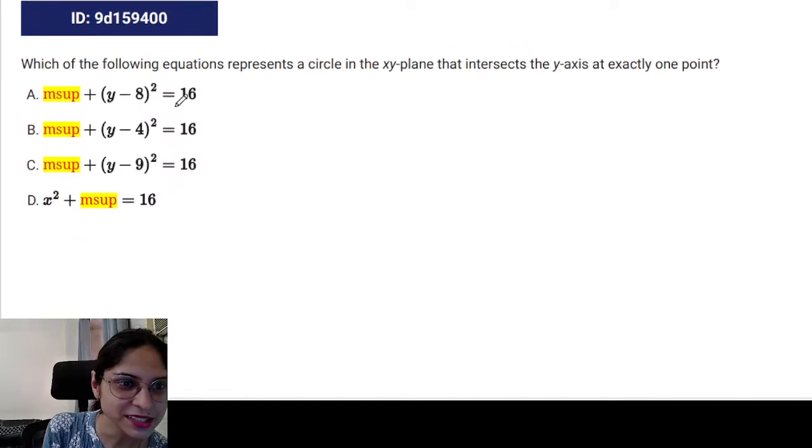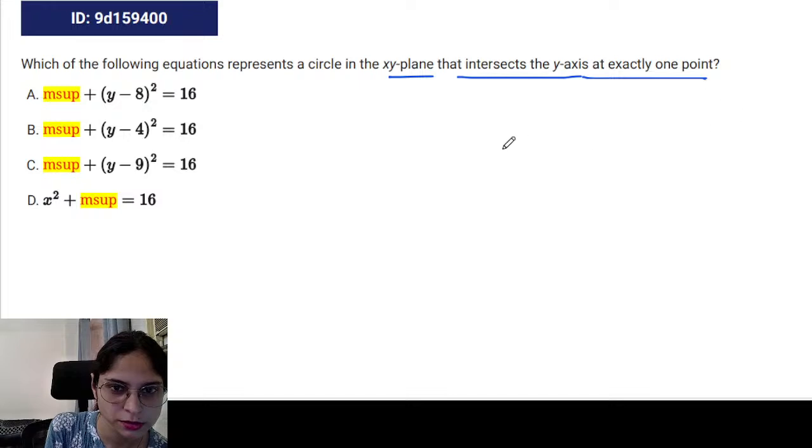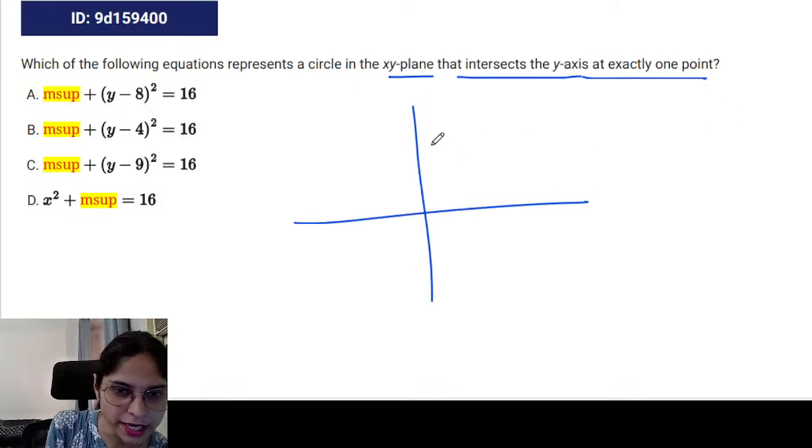We're back here again. Which of the following equations represents a circle in the xy plane that intersects the y-axis at exactly one point? Now if it is intersecting the y-axis at exactly one point, that means the circle will look something like this.